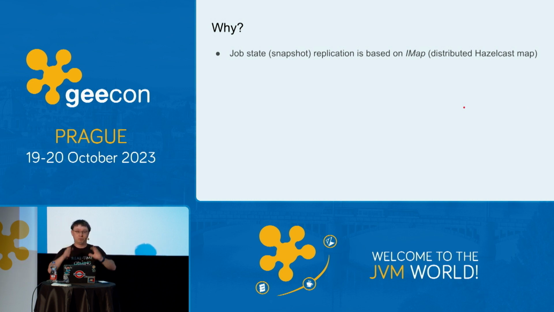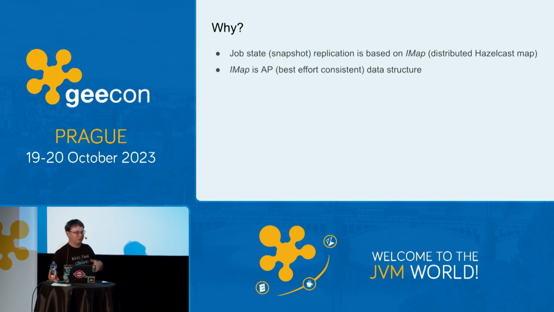It is a very productive map with a high level of throughput, but it has one big problem: it doesn't provide a consistent level of replication. It is implemented with best effort consistency, so it belongs to the so-called AP data structures. It is designed for availability, not for consistency.